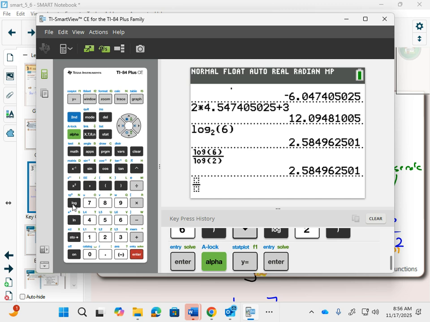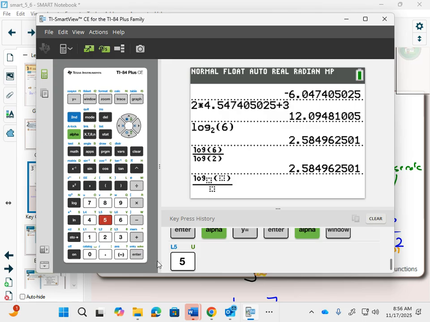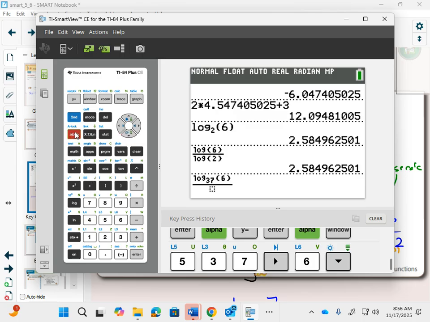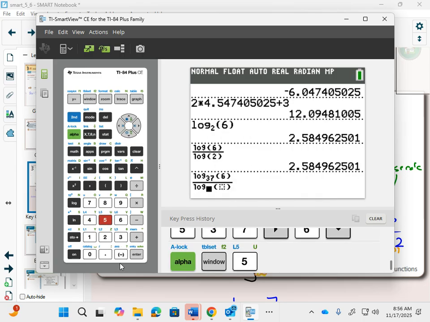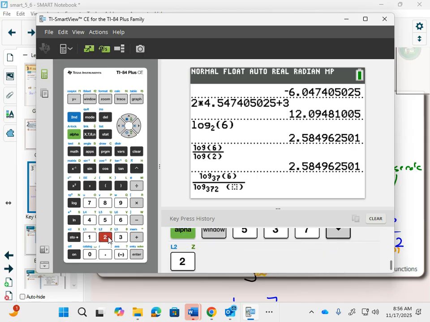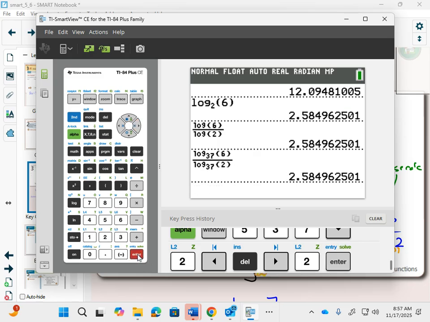And now if I do log base 37 of 6 over log base 37 of 2, wait for it, there we go, and push enter, I get exactly the same answer.